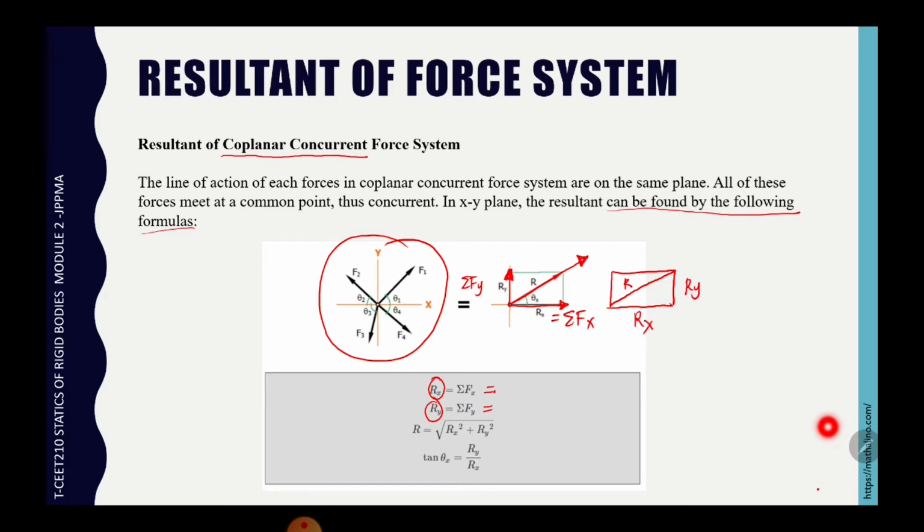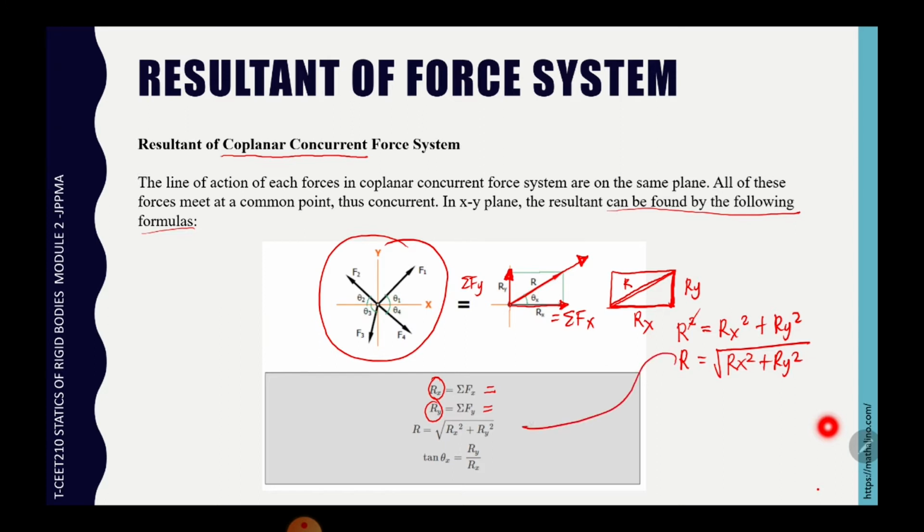Para makuha mo to, kung ito ay triangle, ang magiging formula niya ay R squared is equal to Rx squared plus Ry squared. So, magiging square root ng Rx squared plus Ry squared. Yan, para makancel tong 2.